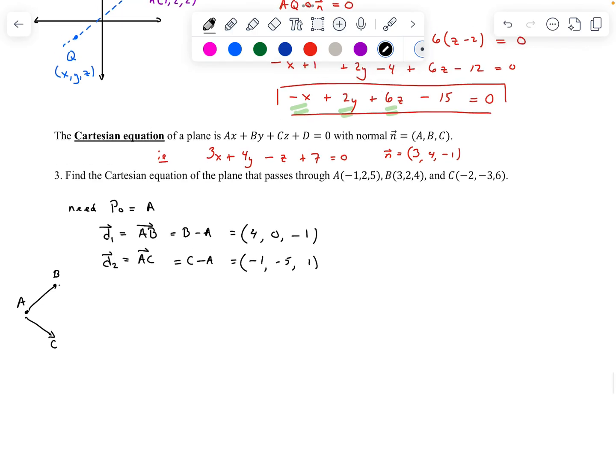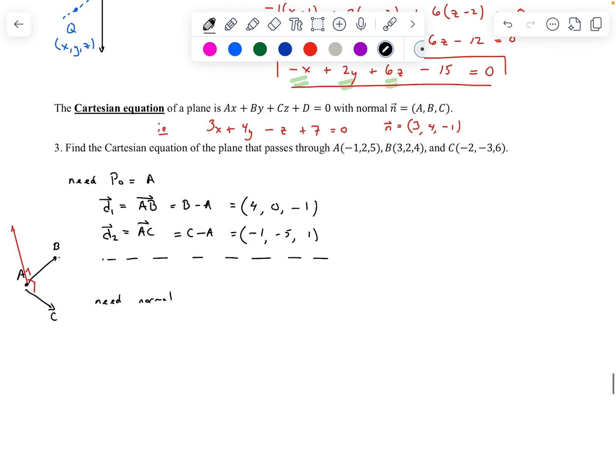So that information defines a plane. But for a scalar equation, I need a normal. I need a vector that is perpendicular to both of those. So picture the vector that comes up out of the page here. It's perpendicular to AB, and it's perpendicular to AC. That's the normal to the plane.